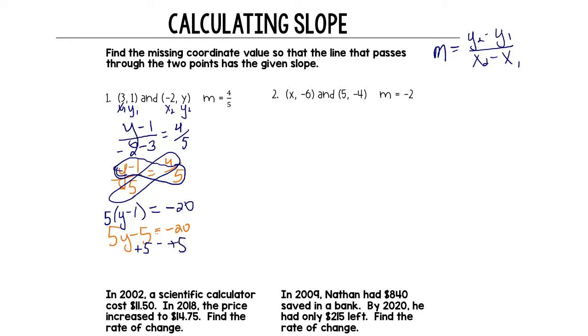So that gives us 5y equals negative 15. We can divide by 5 and get y is negative 3. So that would mean that that point right there, that y is negative 3. That would give us a slope of 4/5 between those 2 points.